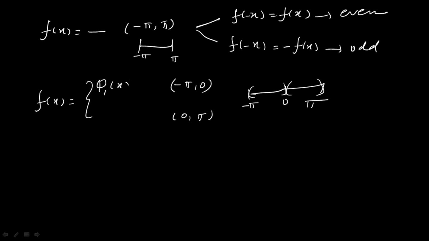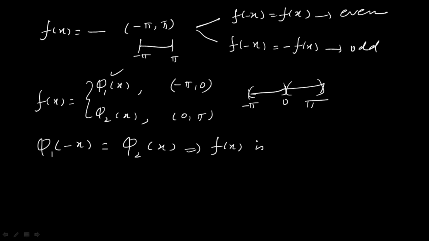Suppose the first function given is, let me take that as phi 1 of x, the second function as phi 2 of x. Now you have to replace x by minus x in the first function, that is phi 1 of minus x. If you replace x by minus x in the first function and you get the second function as it is, that is phi 2 of x, which implies the function f of x is an even function.